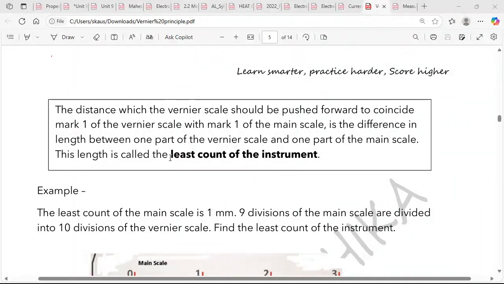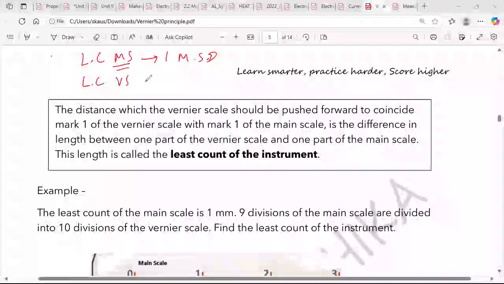Least count for the vernier scale is one vernier scale division divided by the number of divisions. Sorry, let's not go there. For the main scale, its least count is one main scale division.